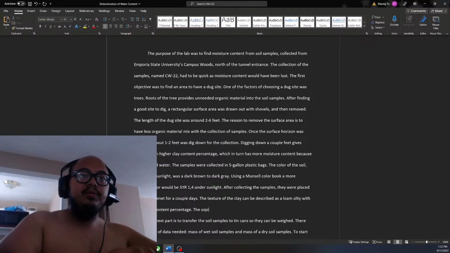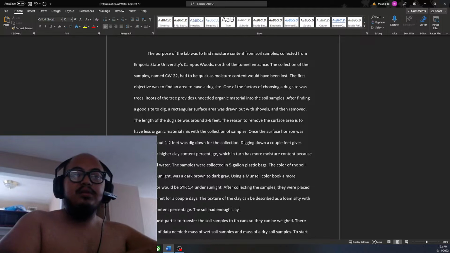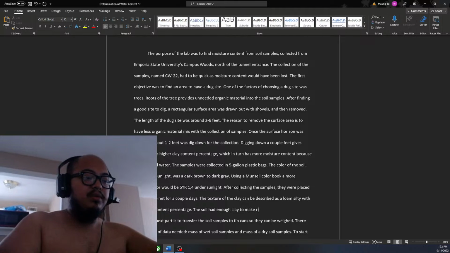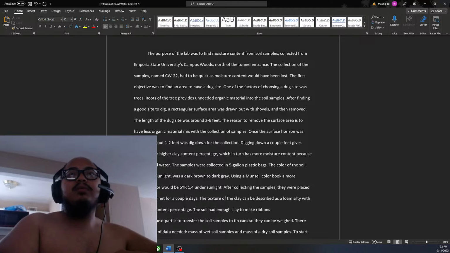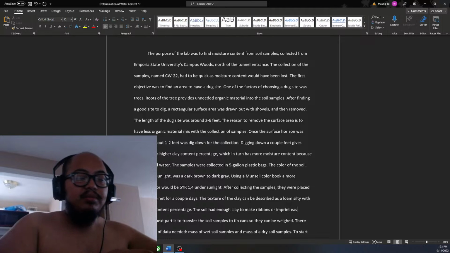The soil had enough clay to hold itself to make ribbons, or imprint easily.